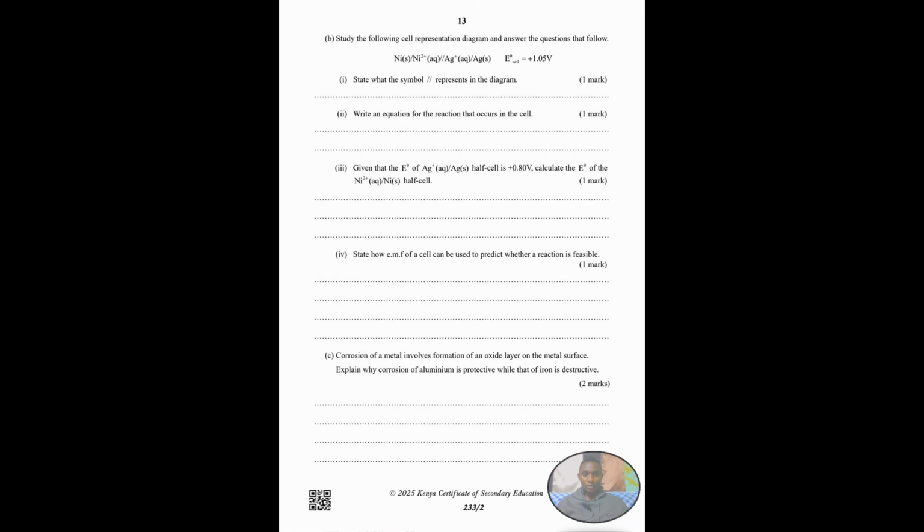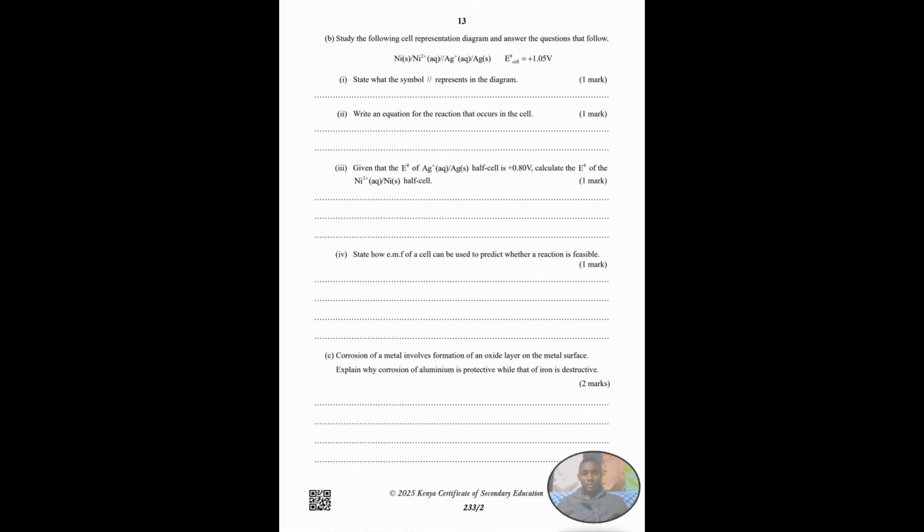And in Roman 1, we are supposed to state what these two lines represent in the diagram.